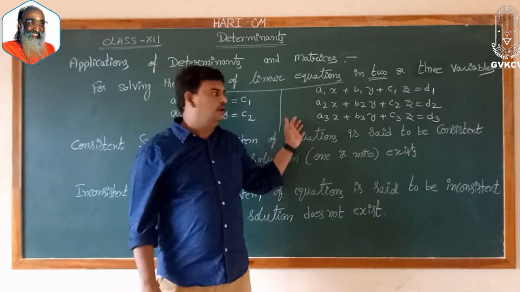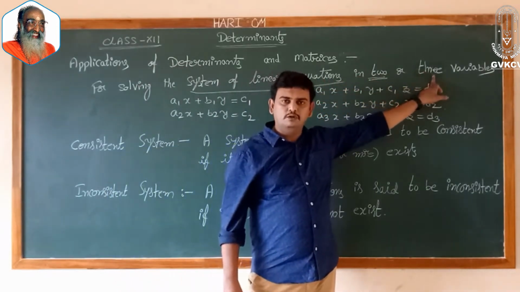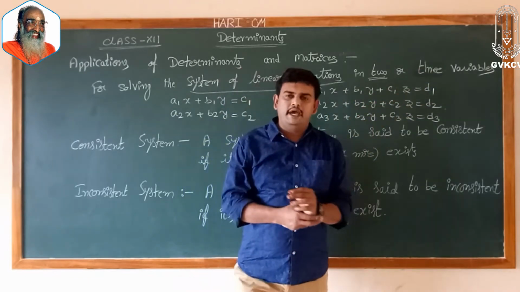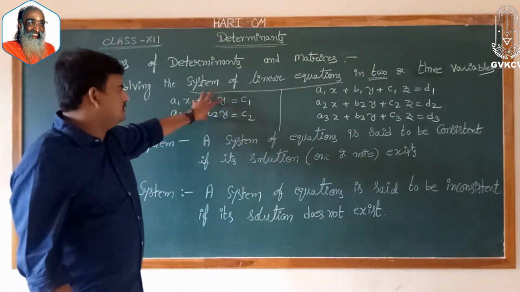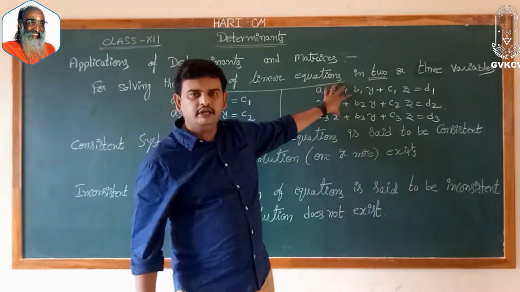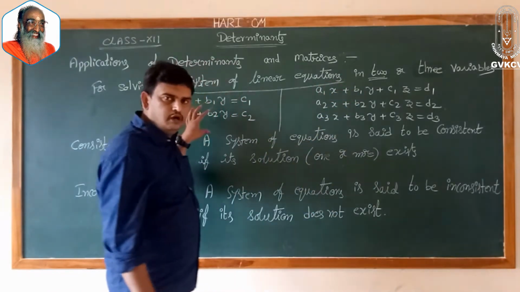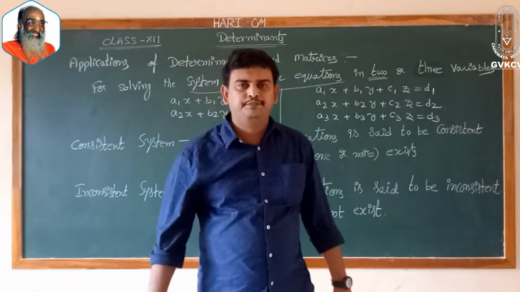These are called a system of linear equations in 3 variables. What are the variables here? x, y, z are the 3 variables. So these are the system of linear equations in 2 variables and these are the system of linear equations in 3 variables. Today we are going to learn how to solve 2 variable equations and 3 variable equations.